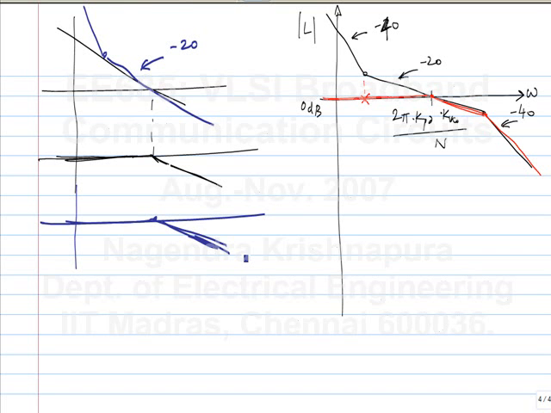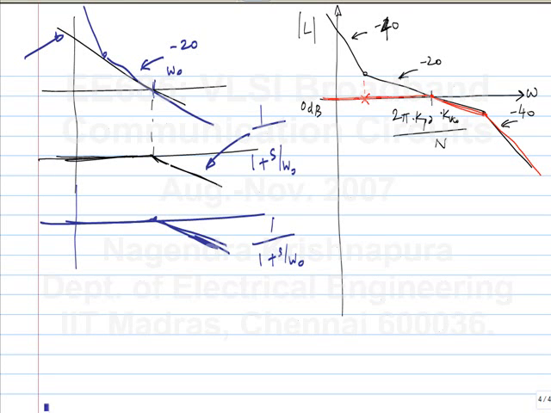Yeah, that's correct. But let's say this frequency is omega naught. Okay. So this actually is 1 over 1 plus S by omega naught. This will also be 1 over 1 plus S by omega naught. How many poles are in this black one? The loop gain. How many poles are in the loop gain? 1.